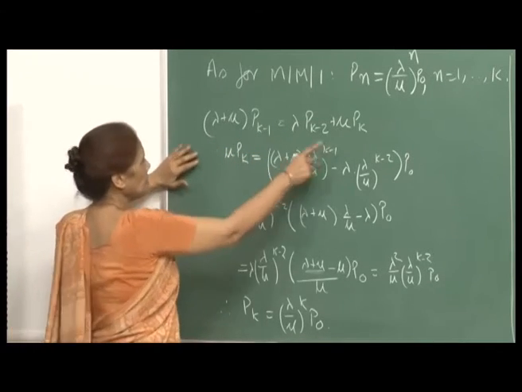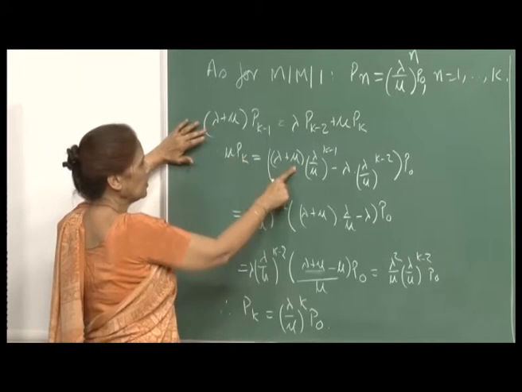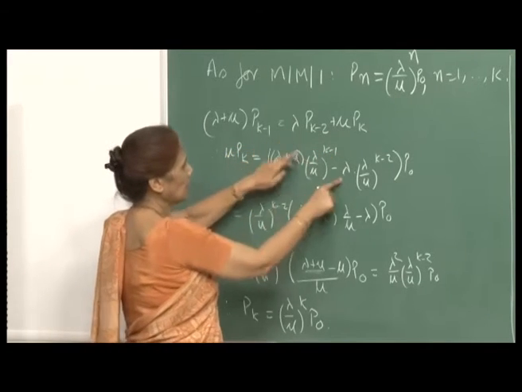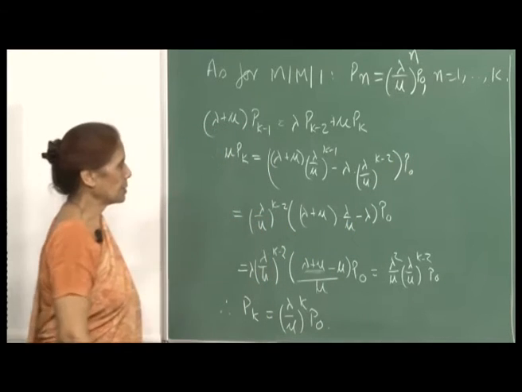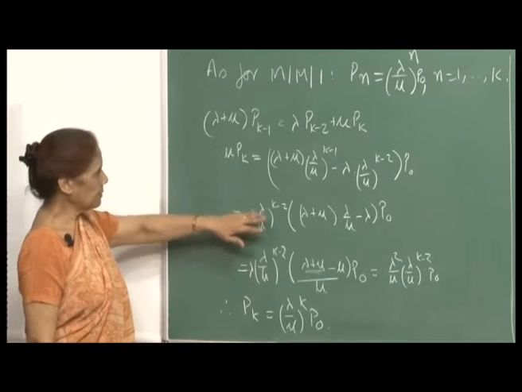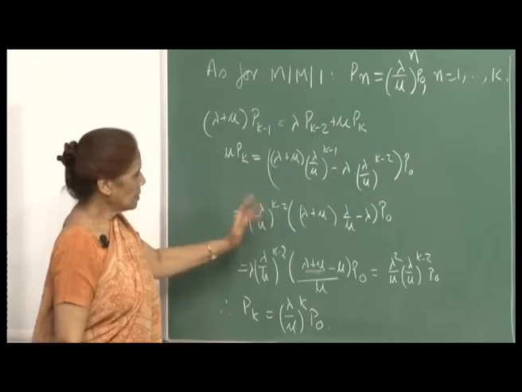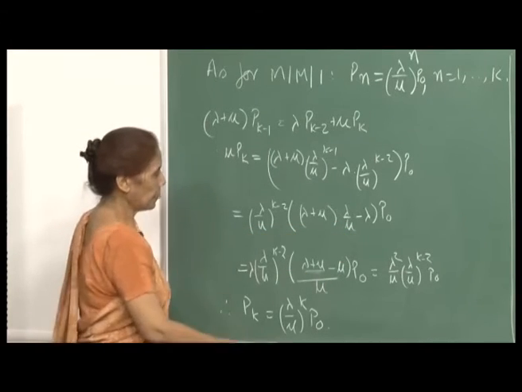I just substitute. So, mu P k is equal to lambda plus mu times lambda by mu raised to k minus 1 minus lambda times lambda by mu raised to k minus 2, into P naught, right, everything is in terms of P naught. So, simplify: lambda by mu raised to k minus 2 you can take outside. Then you will be left with this expression, and here you can simplify.